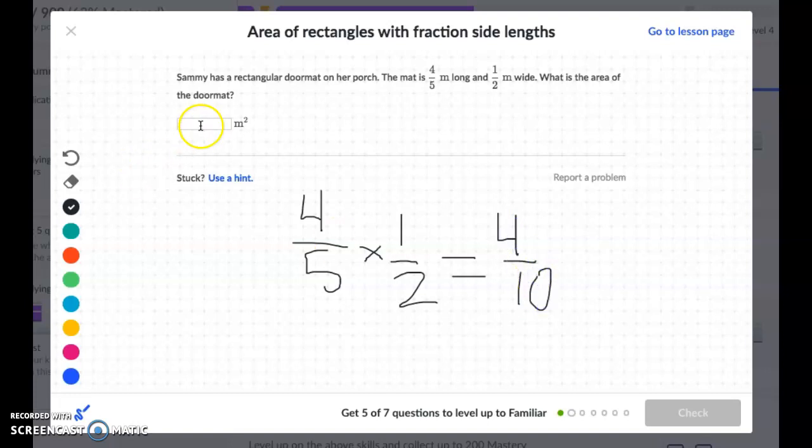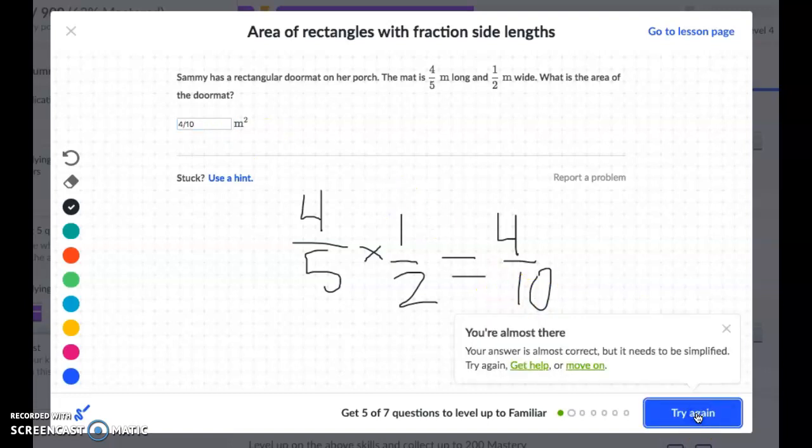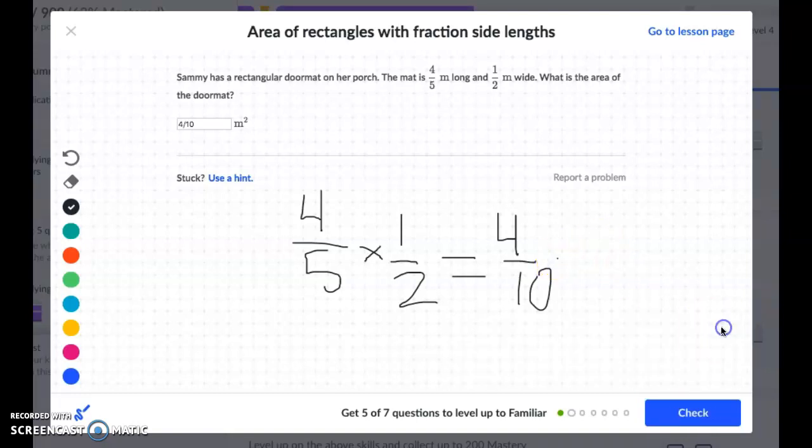So 4/10 is my final answer. Okay, and then in this case, they want us to simplify. So when I look at my answer here, 4/10, I can simplify that down because 4 divided by 2 would be 2, 10 divided by 2 would be 5. So they want us to simplify that down into 2/5.